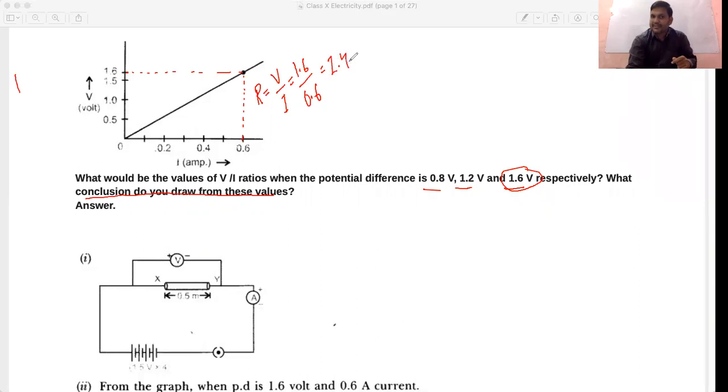It is 2.67. You people said that it will be 2.4 ohm. This will be the slope of this graph. The slope of this graph is always constant, isn't it?